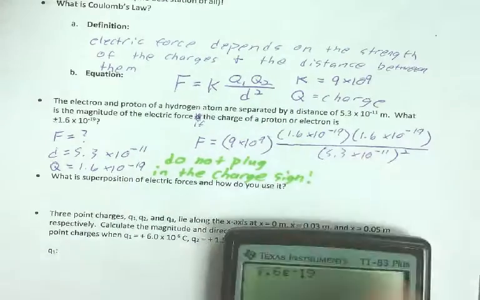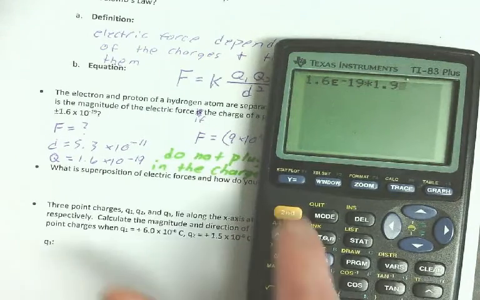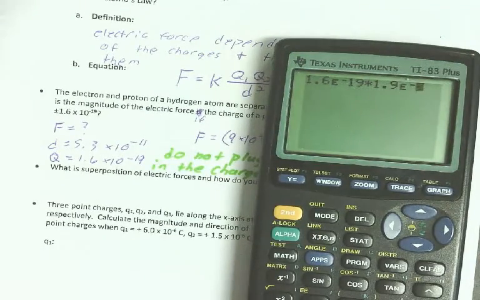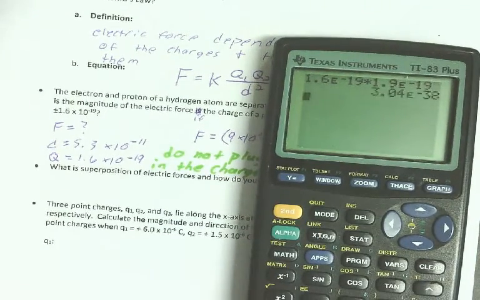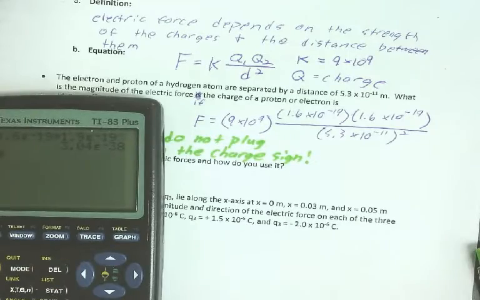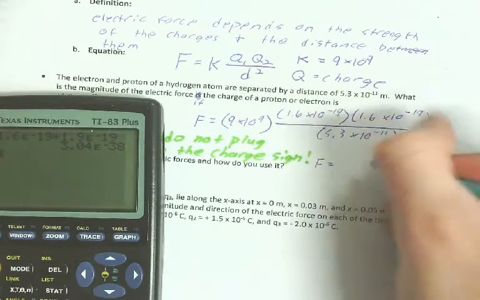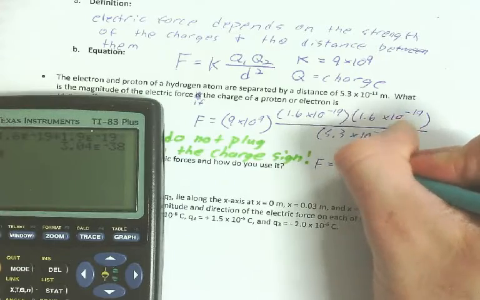And then I just keep doing the math. Times 1.6 negative 19. You should get 2.56 times 10 to the negative 38. So I'm just rewriting this here.